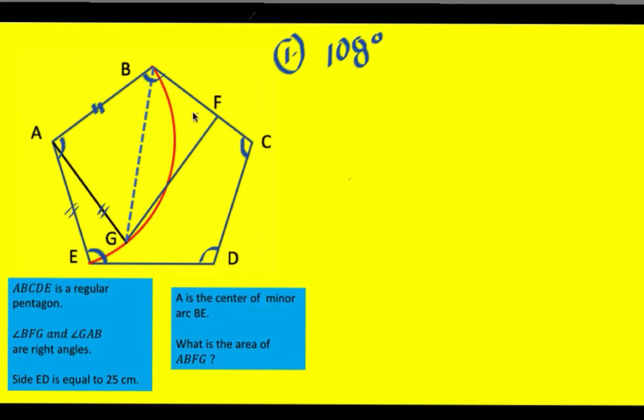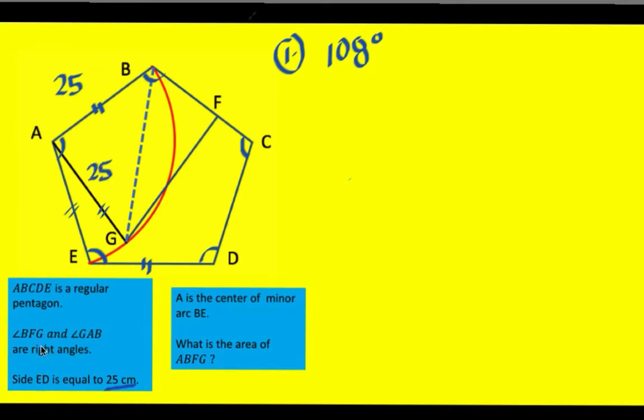And since the pentagon is regular, all those other sides I mentioned are also equal to side ED. We know that the measure of side ED is 25 centimeters. So that means side AB is 25 centimeters and the measure of segment AG is also 25 centimeters.